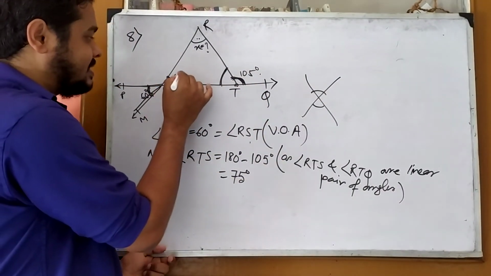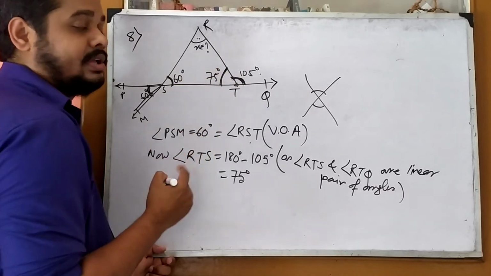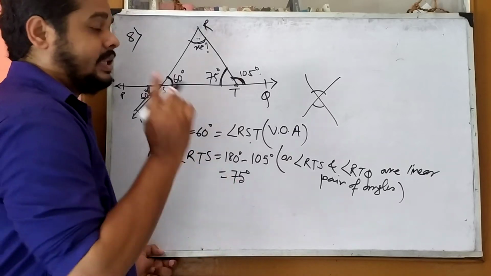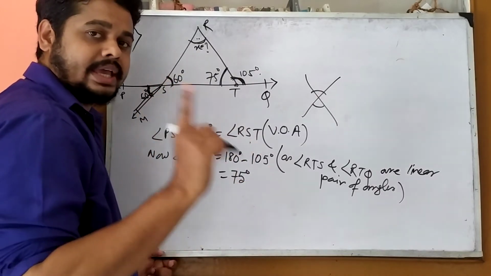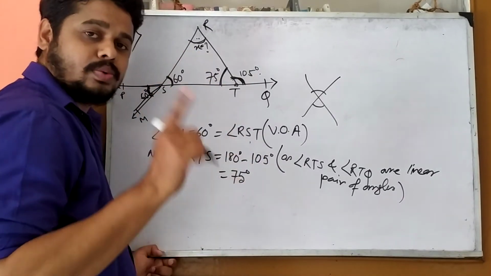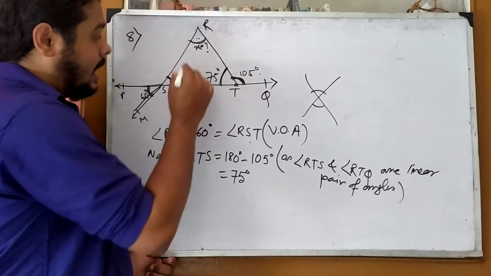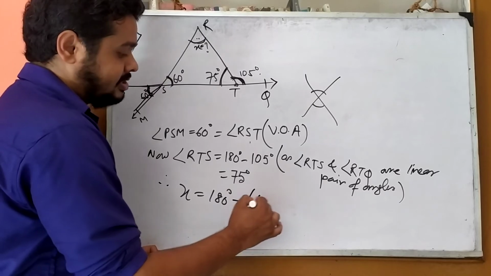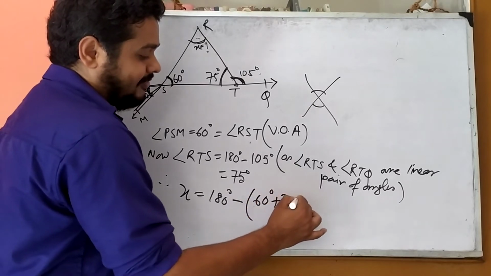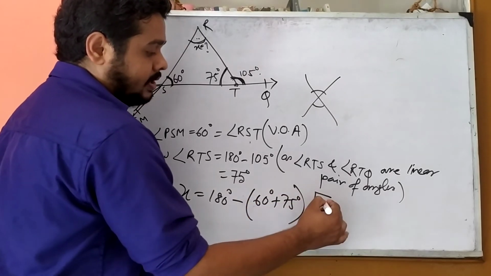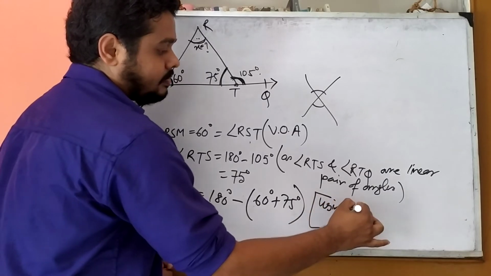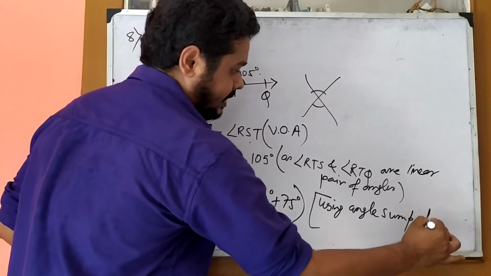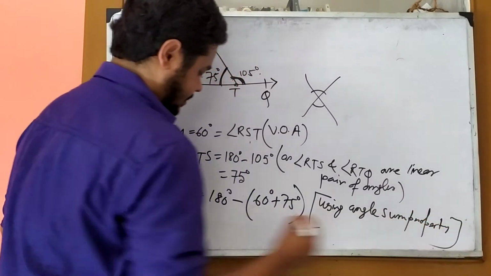Now this angle is 60 degrees, this angle 75 degrees. Using the angle sum property, that is the sum of all three angles of a triangle is 180 degrees, X equals 180 minus 60 plus 75 degrees.